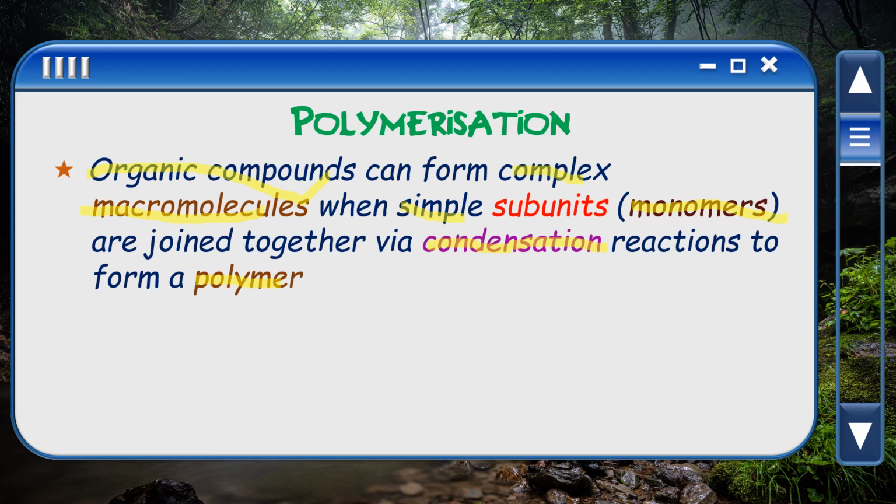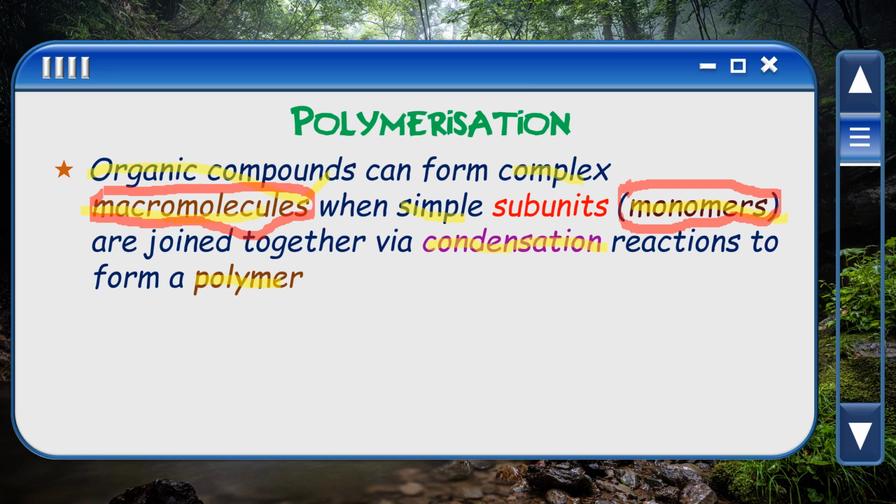So when we talk of a polymer, it is the macromolecule. A polymer is the macromolecule. A monomer is the simpler molecule, or what we are referring to as a subunit.